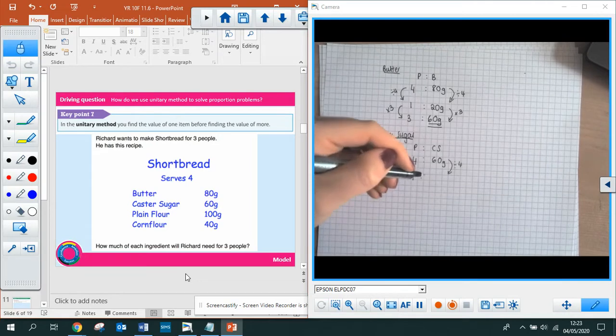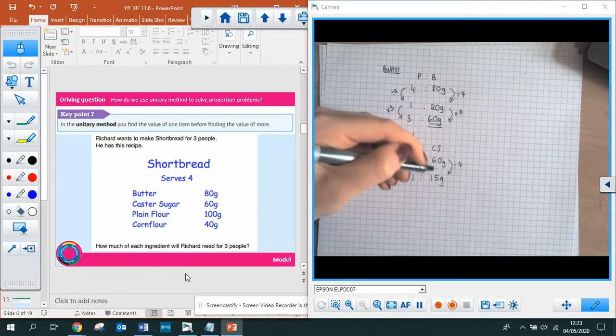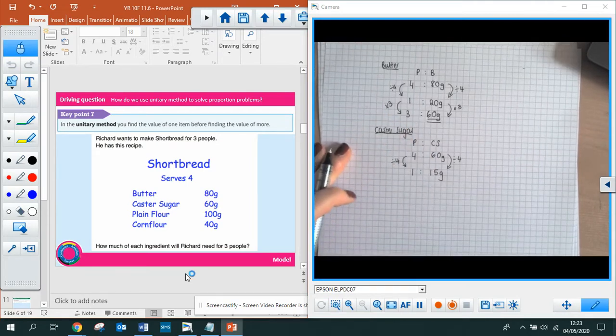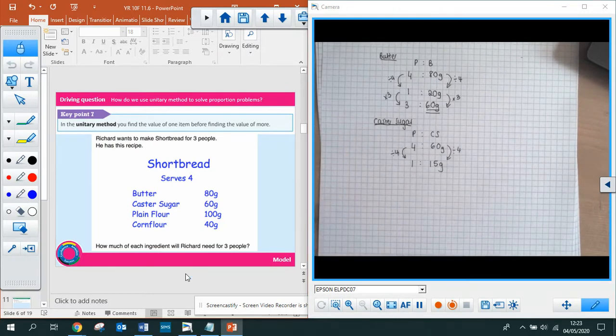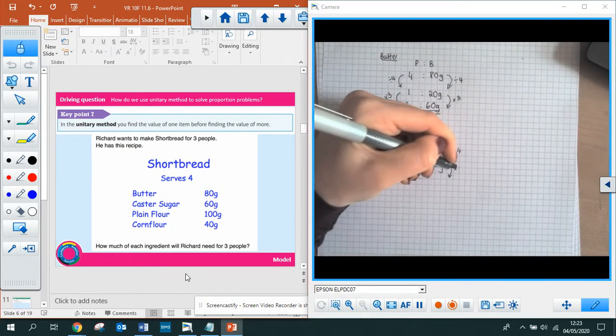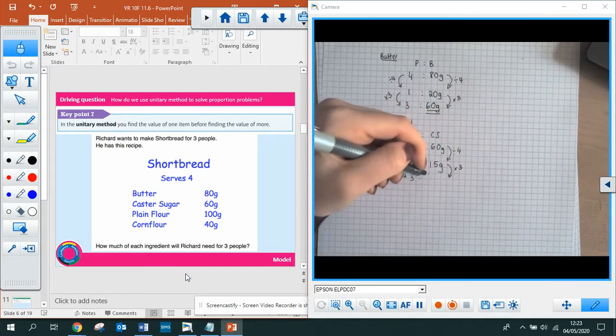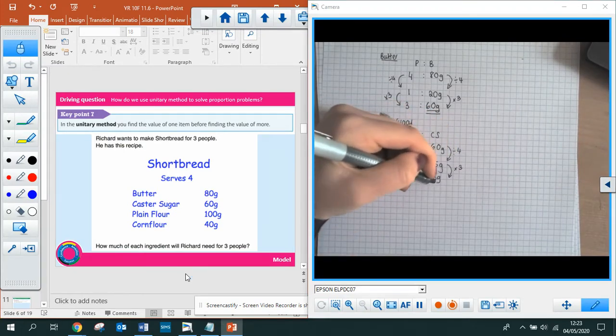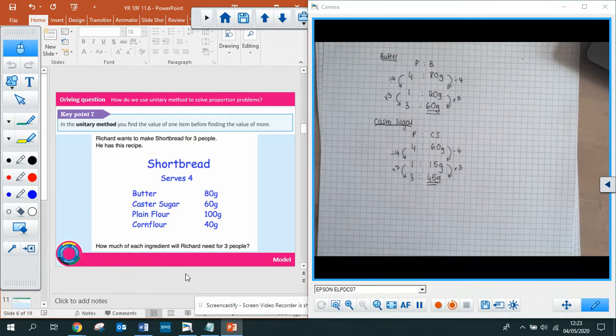So 1 to 15 grams, since 60 divided by 4 is 15. That's how much I need for 1 person. The question has asked what I need for 3 people, so I multiply both sides by 3, and that would be 45 grams. So that's my caster sugar done.